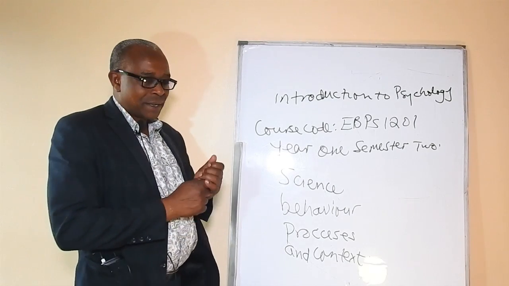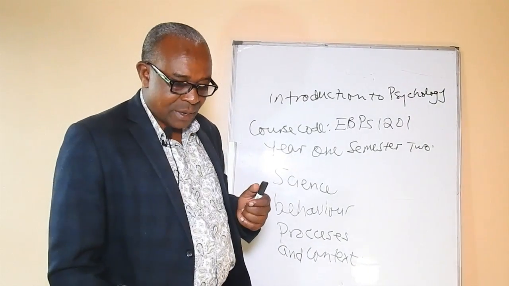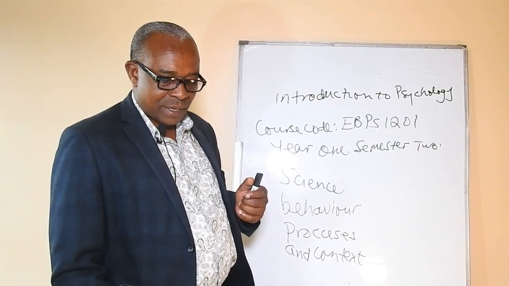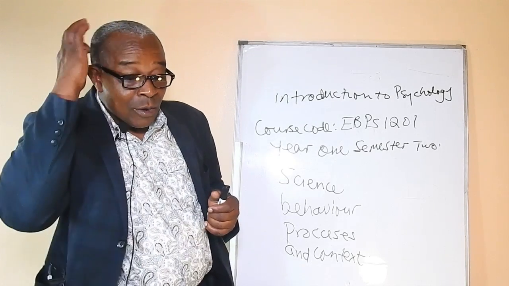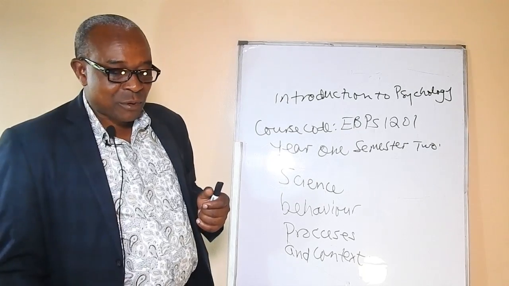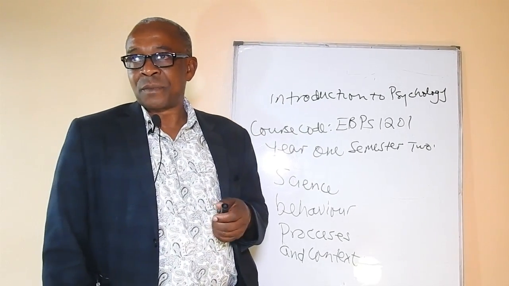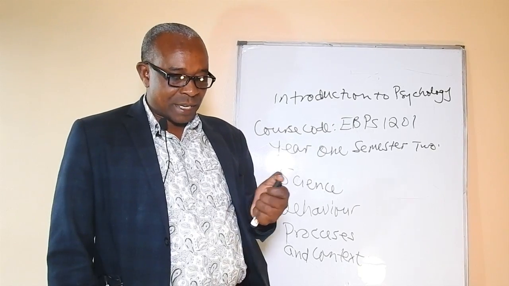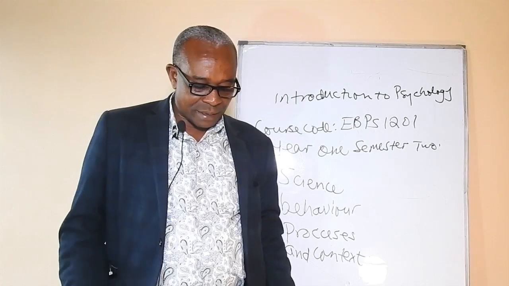What do we mean by reliability? By reliability, we mean that the instrument used to measure a given behavior or construct should give consistent or same results every time it is used. For example, if I'm measuring weight, I have to use a weighing scale.